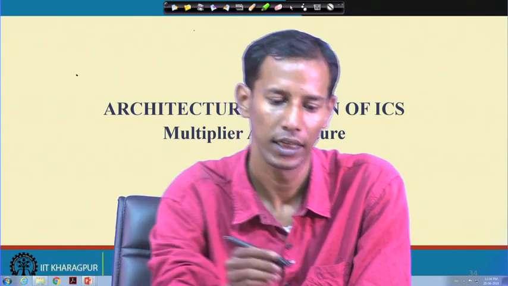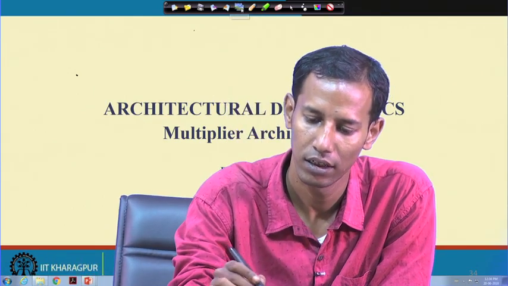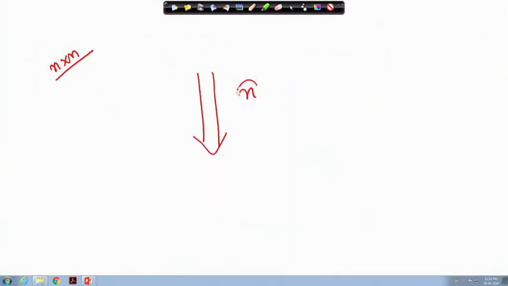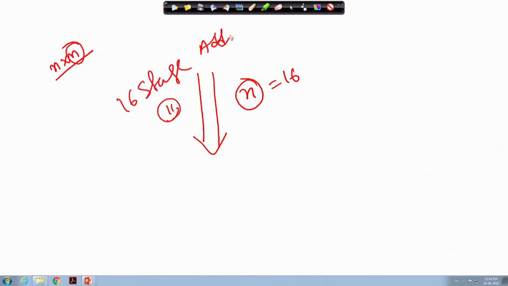If I consider n into n bit multiplication, the depth is also n. If n is 16, that means I require 16 stages of addition operation.